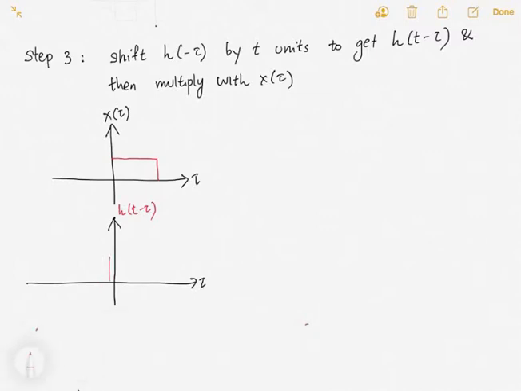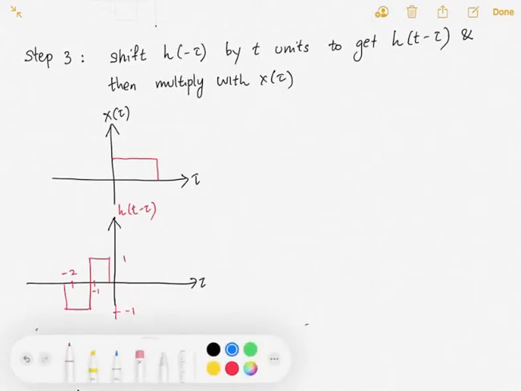This is -1 and this is -2. This is 1 and still remains -1. So this part is the x(tau), and the second one is the h(t minus tau).